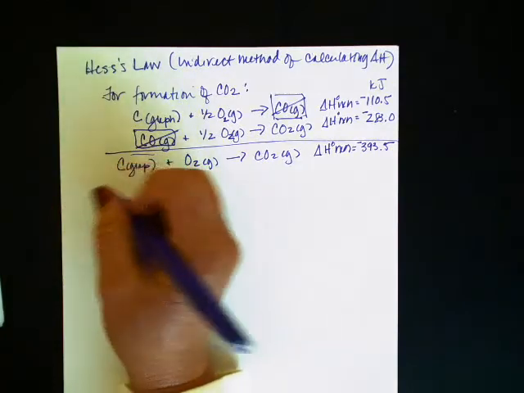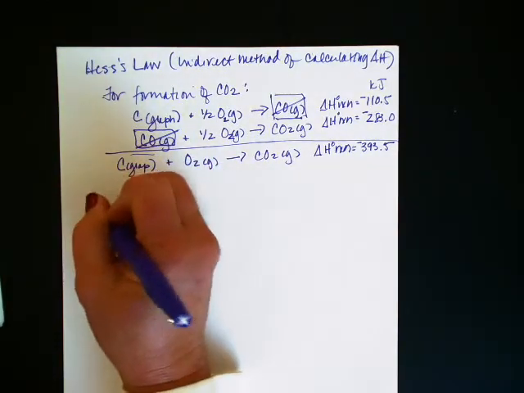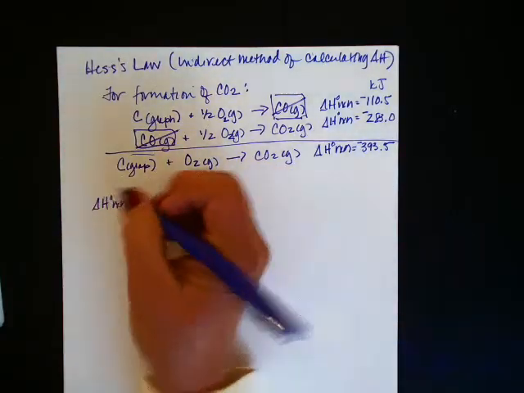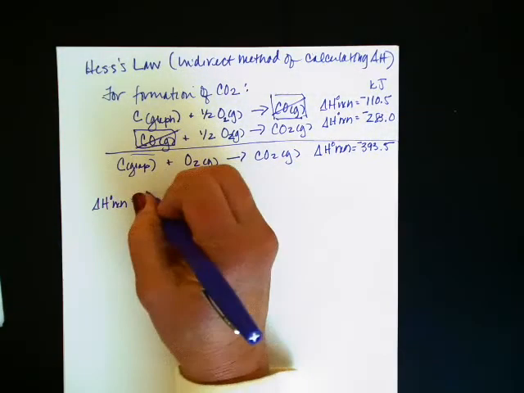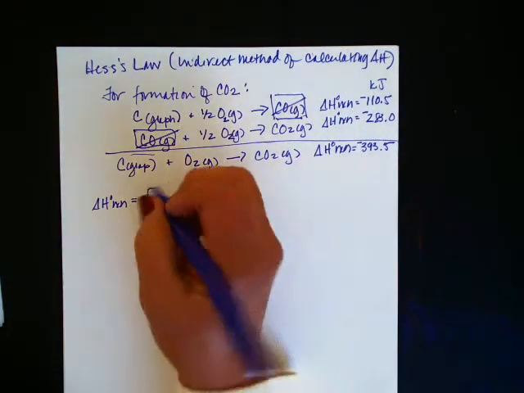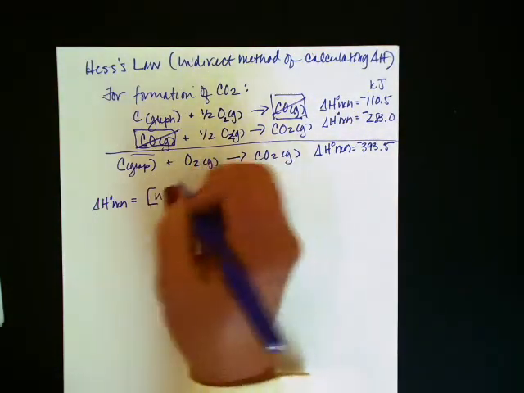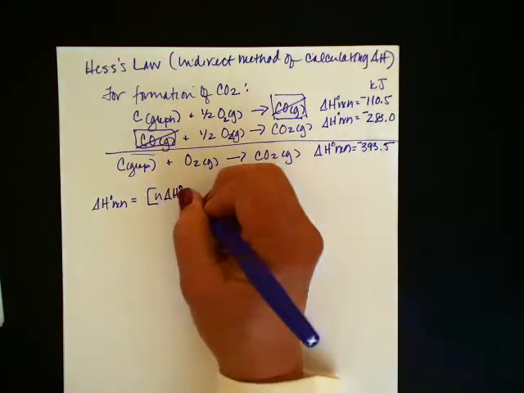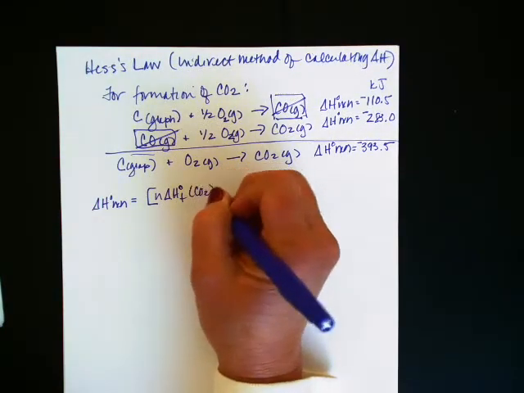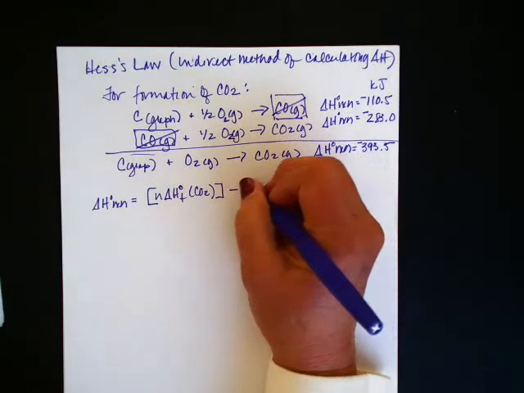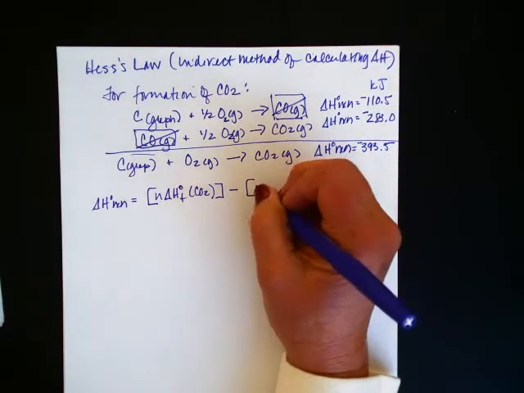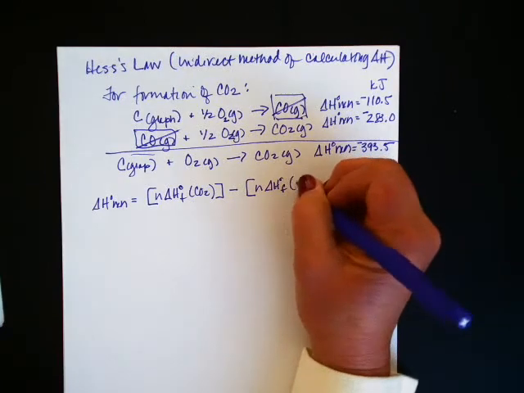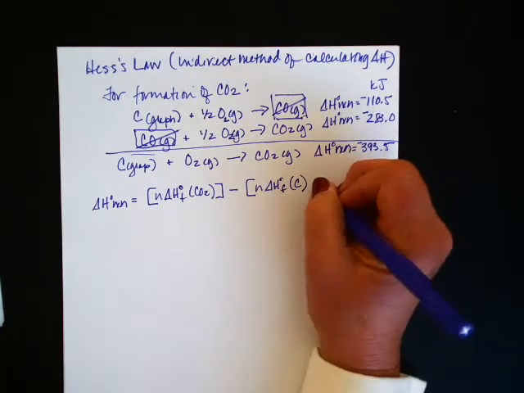And for this reaction, it would have been N times the standard heat of formation of CO2 minus the sum of N times the standard heat of formation of carbon in the form of graphite plus N times standard heat of formation of O2 gaseous.